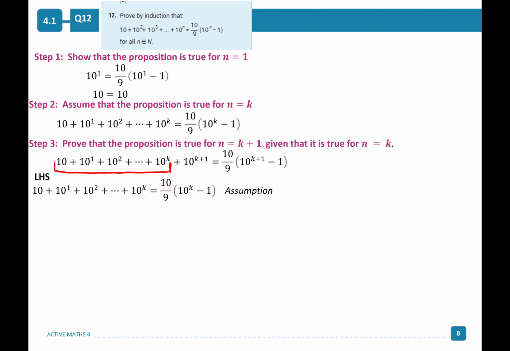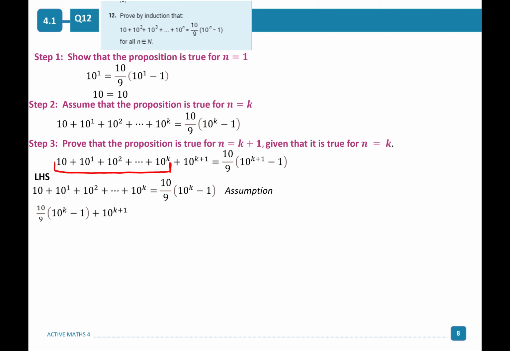So that's assumed from part 2. So wherever I see 10 plus 10 to the power of 1 plus 10 squared up to 10 to the power of k, we can substitute in 10 over 9 times 10 to the power of k minus 1, because it is assumed that that is true.